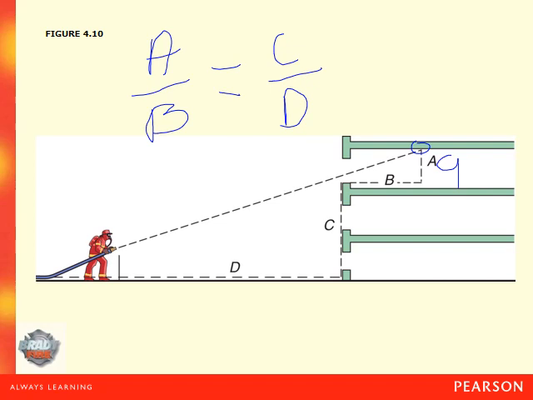B, we don't know yet. That's what we're going to have to solve. So we know 9 over B equals C over D. So we know that C is going to be, based off those calculations, 27. And let's just assume that our distance away, so they're going to have to give us that, is going to be 45 feet.